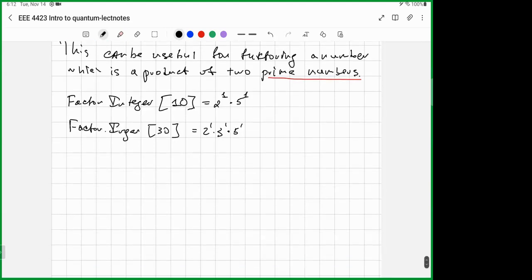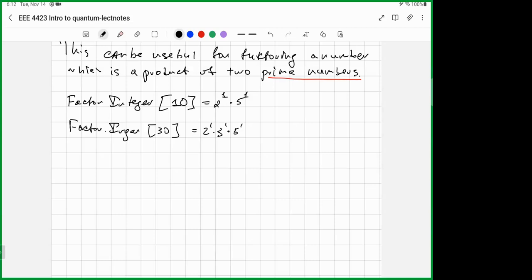So it works pretty well for small numbers, but try to take two rather long prime numbers, with 10 digits or 15, 20 digits, and take the product of the two. Taking the product of two prime numbers is pretty straightforward, right? It requires just a millisecond of computational time.